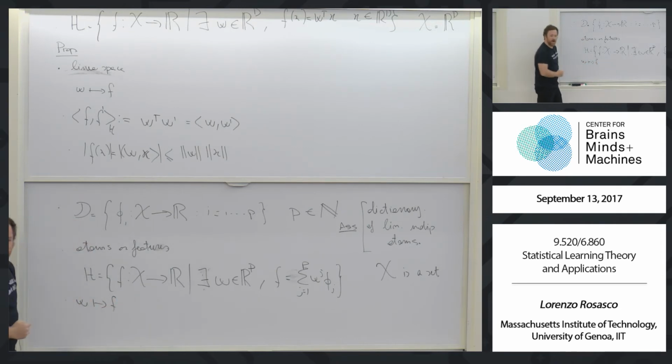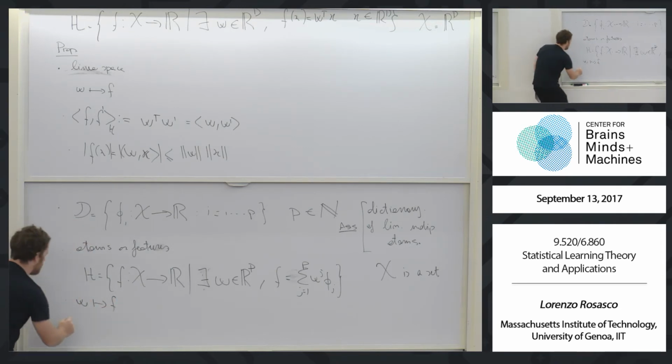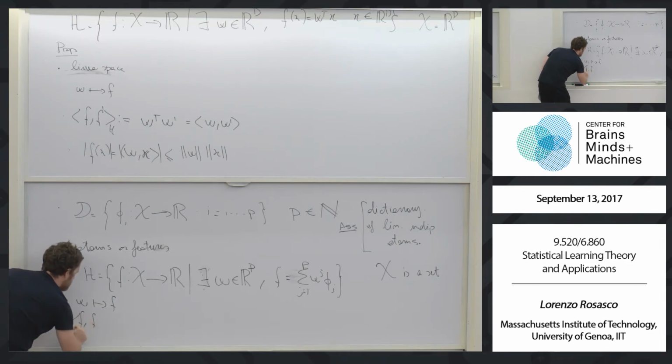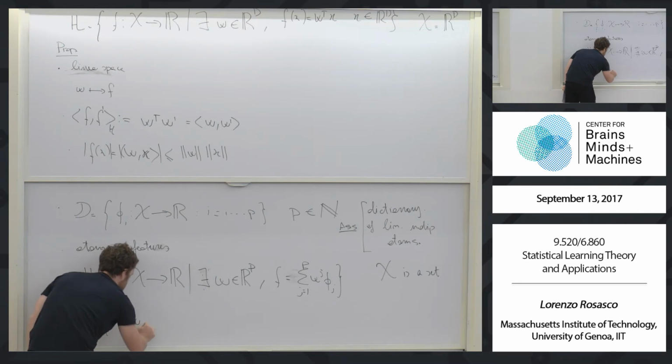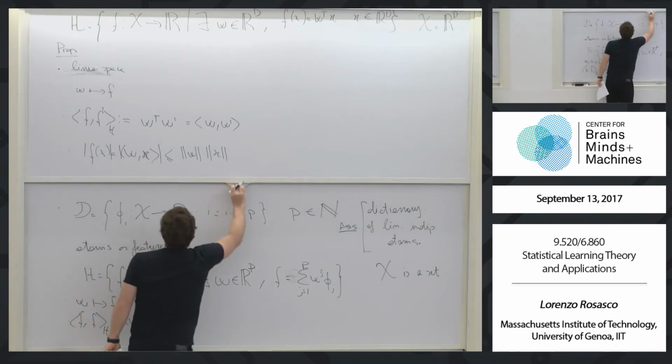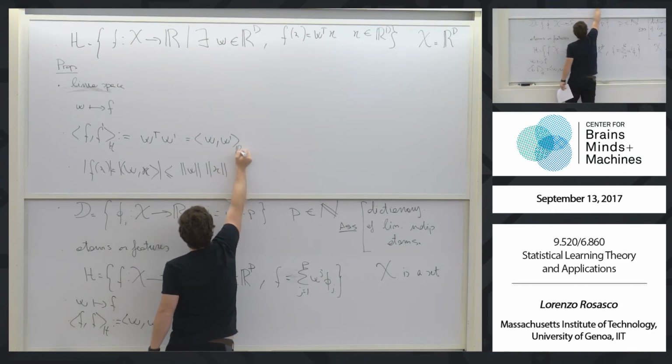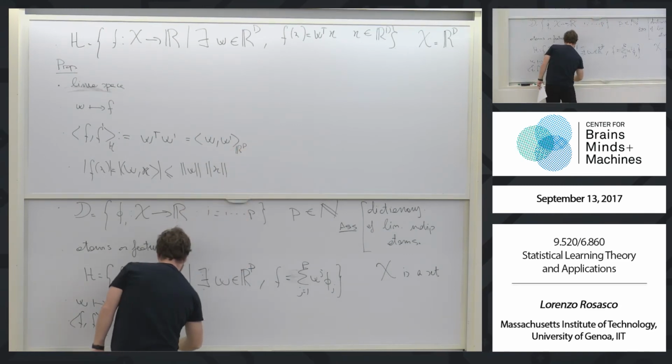So this is one-to-one, okay? I can define the inner product just in the same way because this is one-to-one. Again, this is R^D, right? And this is R^P.